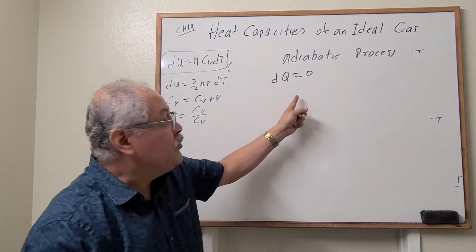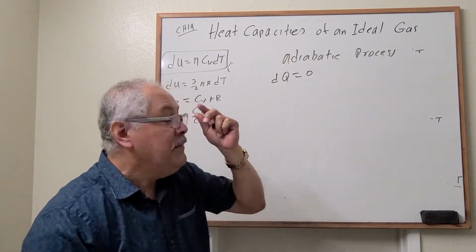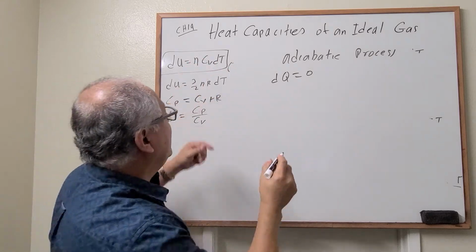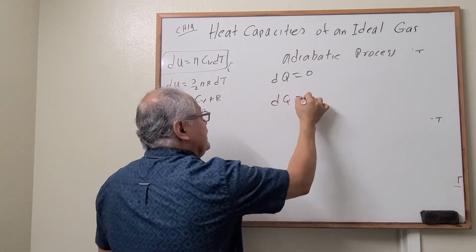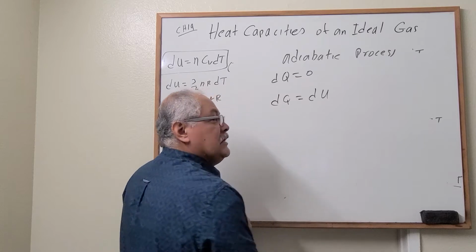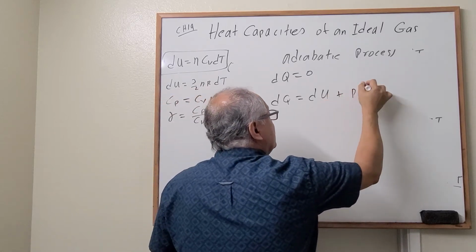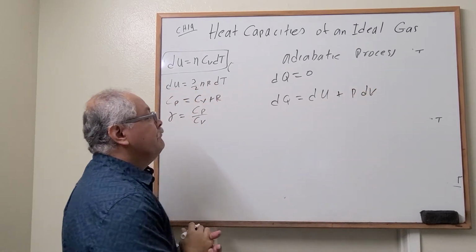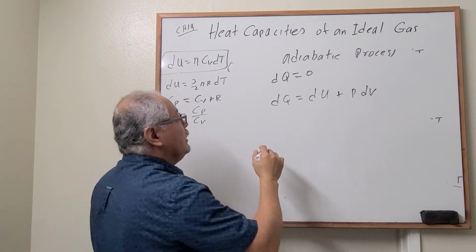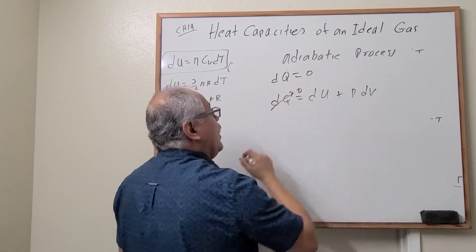We have this present in the first law of thermodynamics, correct? The first law of thermodynamics says again, this heat is equal to the change in internal energy plus P dV. If this is 0, what happens?